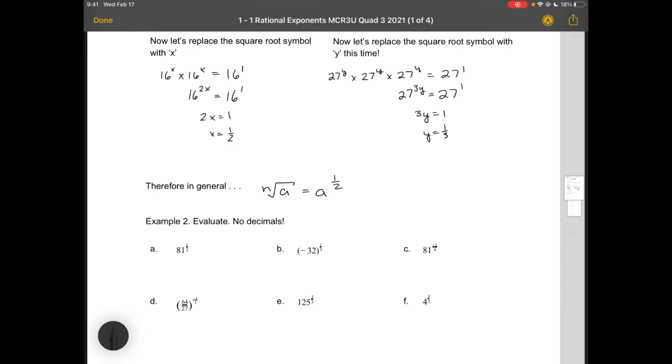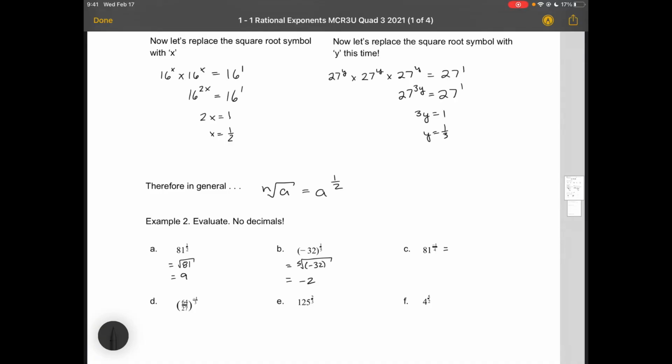So now let's do some examples. So 81 to the 1/2 is the same as the square root of 81, which is 9. Negative 32 to the 1/5 is the same as the fifth root of negative 32, which is negative 2. Now in C, I have a negative exponent.